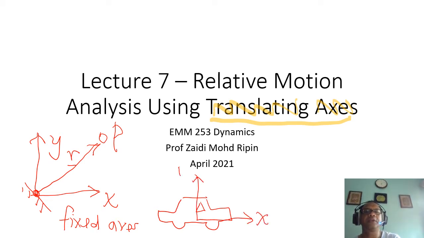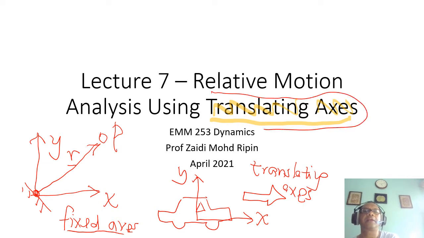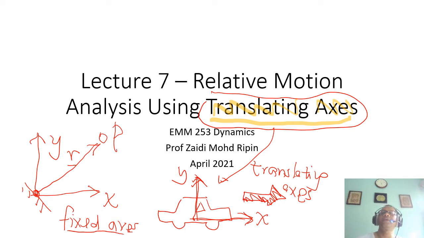The one on your left is a fixed axis. This is a translating axis. When we say a translating axis, we refer to the condition where the axis x and y are moving.